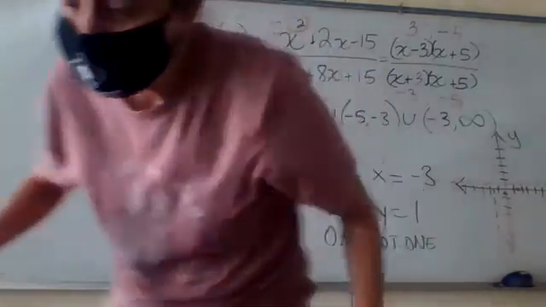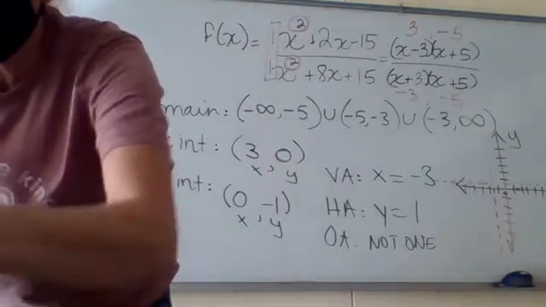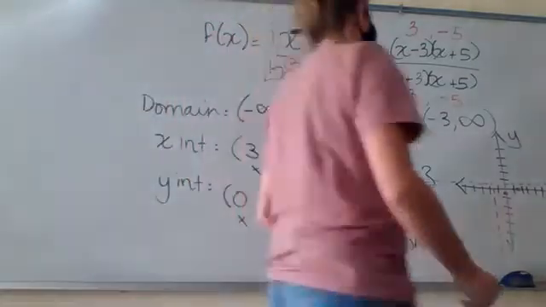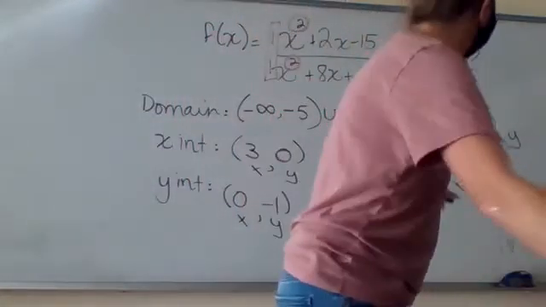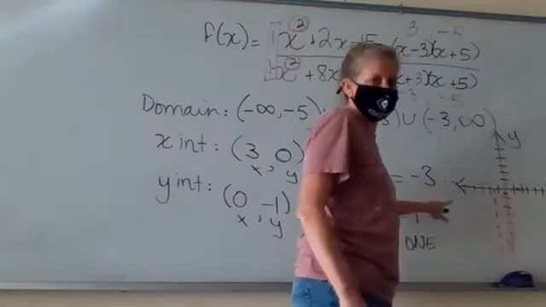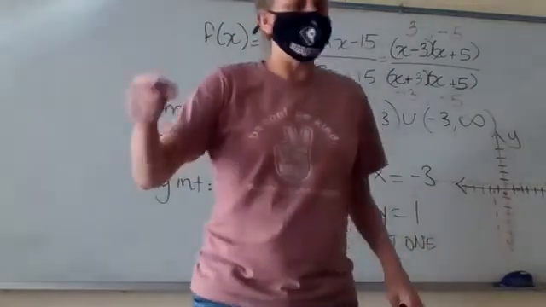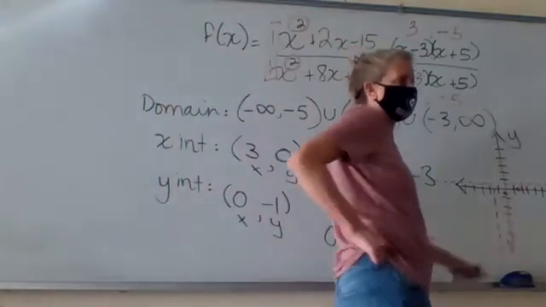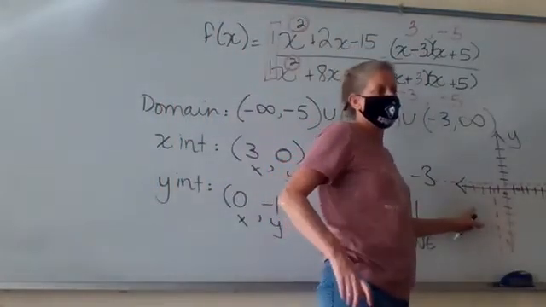Oh wait. Am I messing this all the way up? Ah, what should it be? Oh my gosh, let's start over. This graph is right. I'm just saying the wrong thing when I'm picking out my A, B, C, or D, right? This graph. Okay, I got very confused for a second.